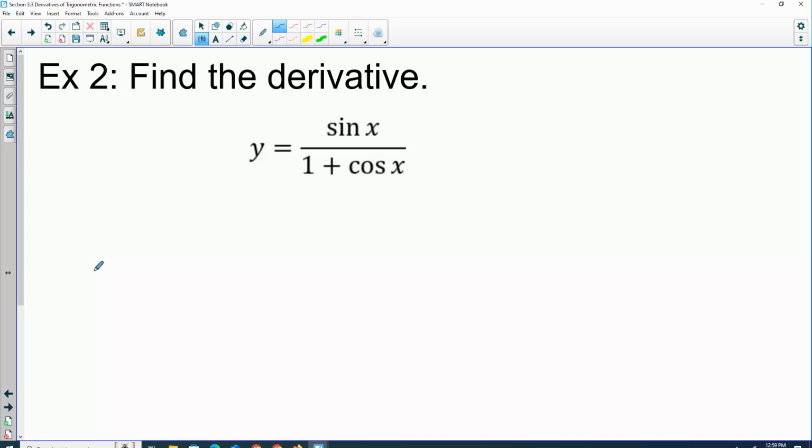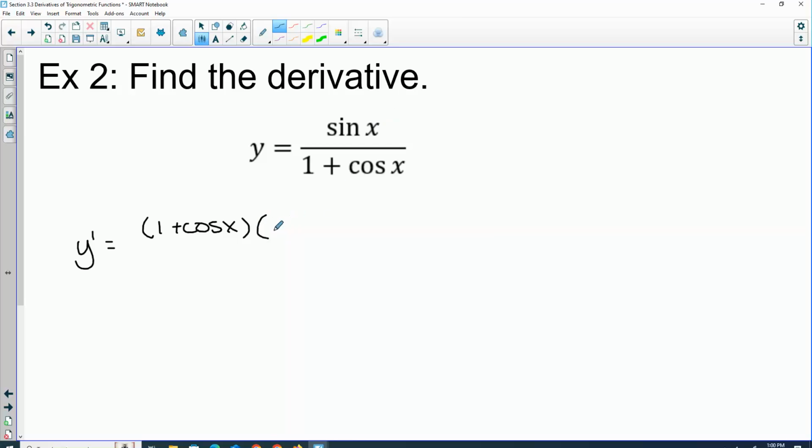Let's do this one. If I wanted to do this derivative, I have things being divided. So I have to do what? Quotient rule. Low d high.